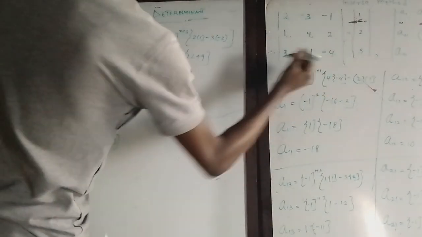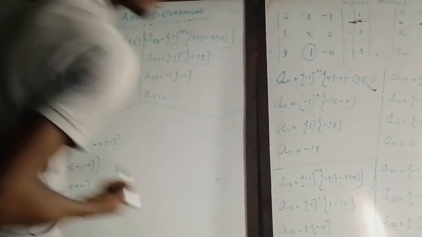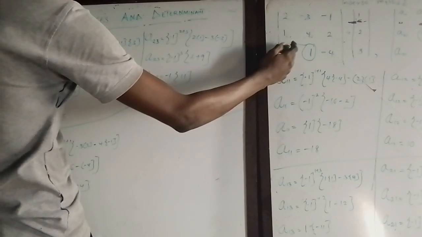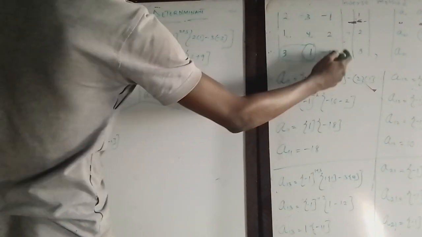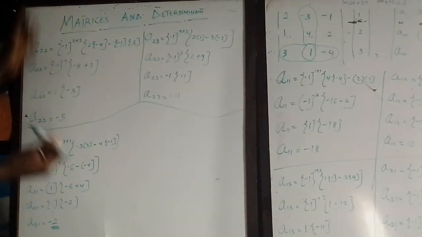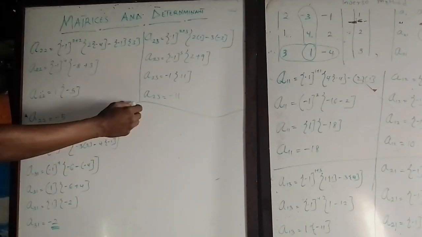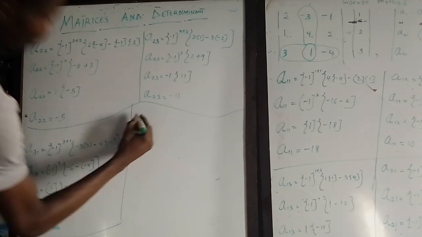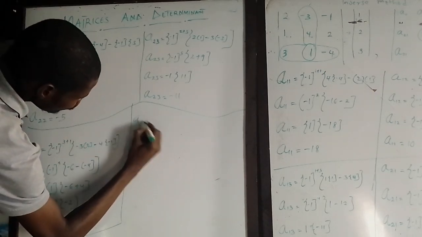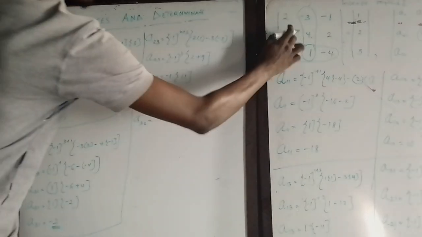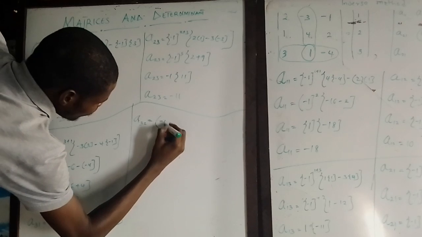So our A32 is what? This is the row of 1, A32. So it will affect this place, then it will affect this column here. Do you understand now? So now our A32 equals to minus, is always what?